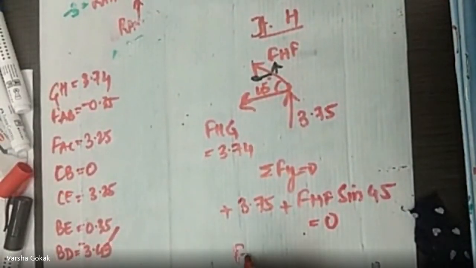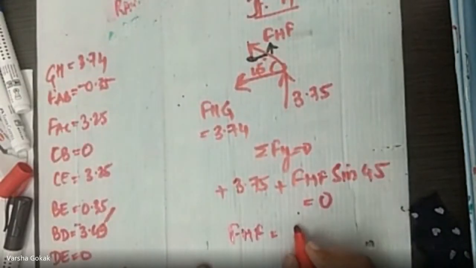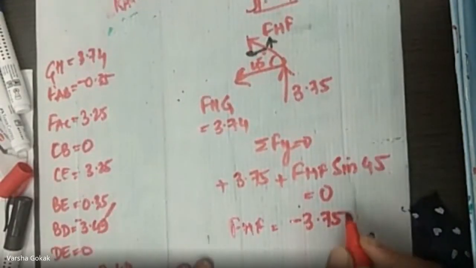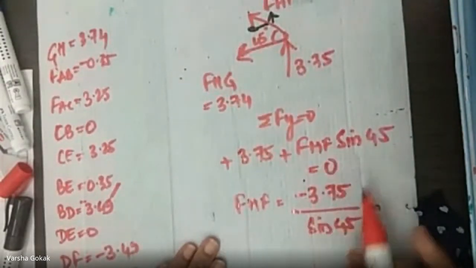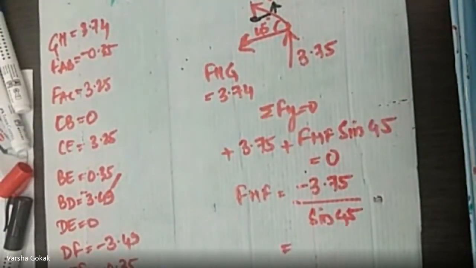So F_HF is going to be equal to minus 3.75 divided by sine of 45. What is this value, please?